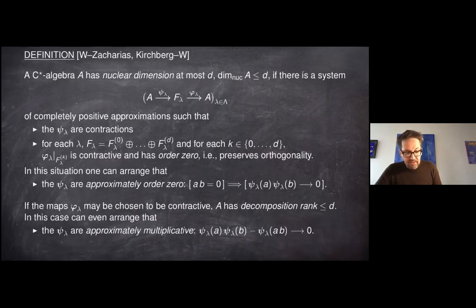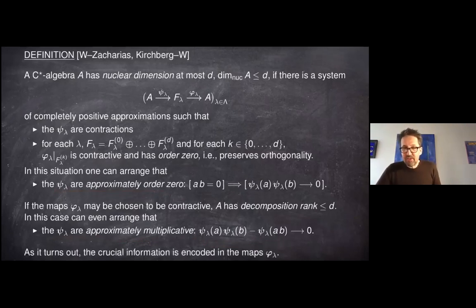And in this case, we can even arrange that the psi lambda are not only approximately order 0, but in fact approximately multiplicative. So psi lambda of a times psi lambda of b converges to psi lambda of ab.